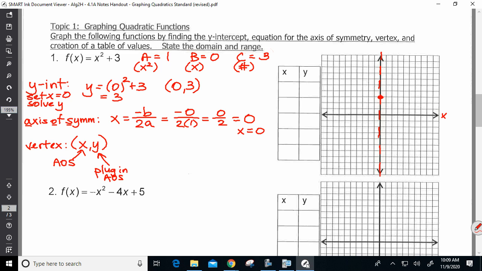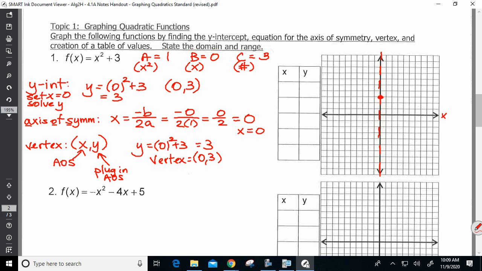So you're going to take 0, plug it into the function, and get 3. So your vertex is 0, 3. Yes, the vertex in this case matched the y-intercept. That's not going to happen all the time.